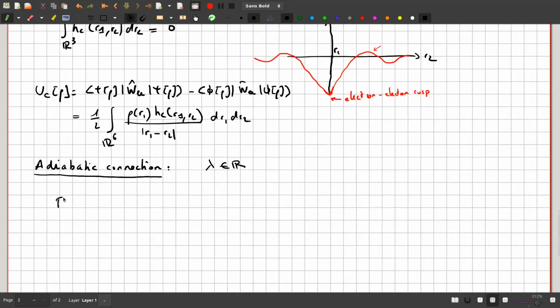And now I define a universal density functional depending on this parameter lambda. Okay. And how do I do that? Well, I minimize over a multi-determinant wave function. But now in the expression, I have T plus lambda times W_ee. Okay, so that's why I call it a coupling constant, because it is in front of the interaction. And the minimizing wave function in this expression, I will call it psi lambda of rho.